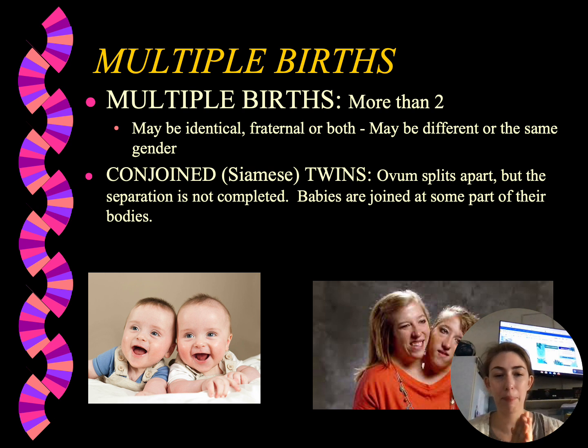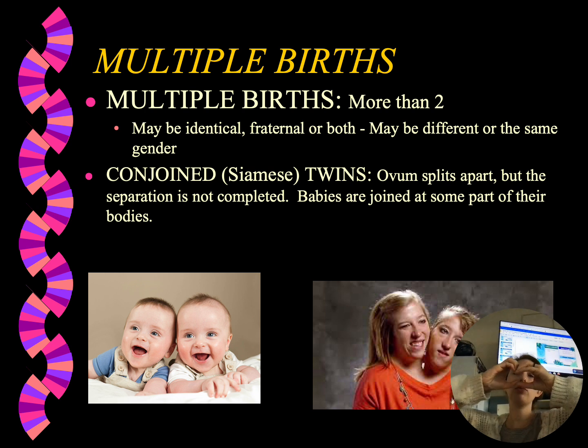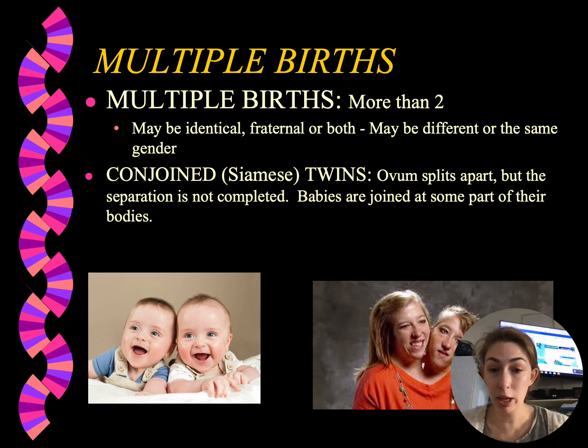Yes, this does happen. And what happens with that is when an ovum splits, it doesn't separate completely. And so as a result, the babies start to form attached to each other. Now, depending on where that attachment is, pretty much determines if a child can grow up to full term. The picture right here are twins that, to this day, are still alive.